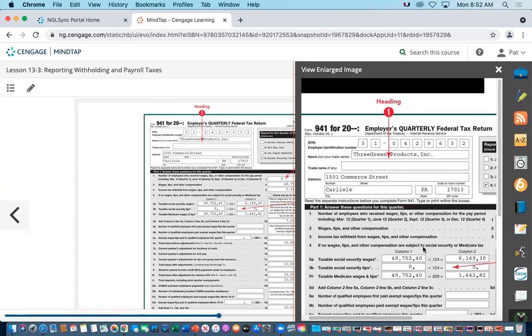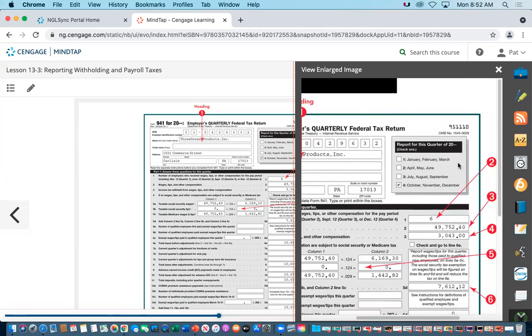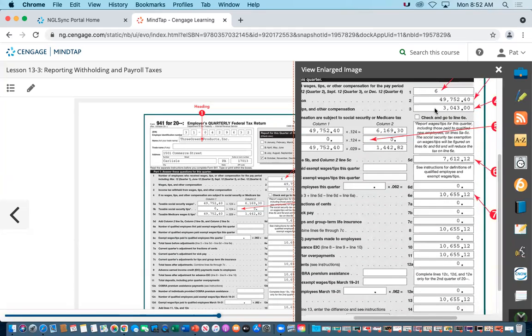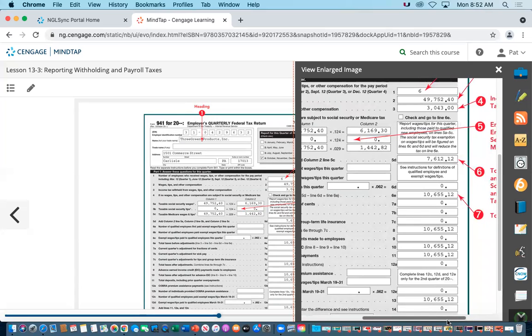It'll have your employer identification number and address. It'll say which quarter the quarterly report is for, quarter 1, 2, 3, or 4. We'll fill that out. Then we'll fill out this form, and it'll tell us how many employees we have, how much in wages was paid, and how much in taxes has been taken out. We will fill all these forms out.